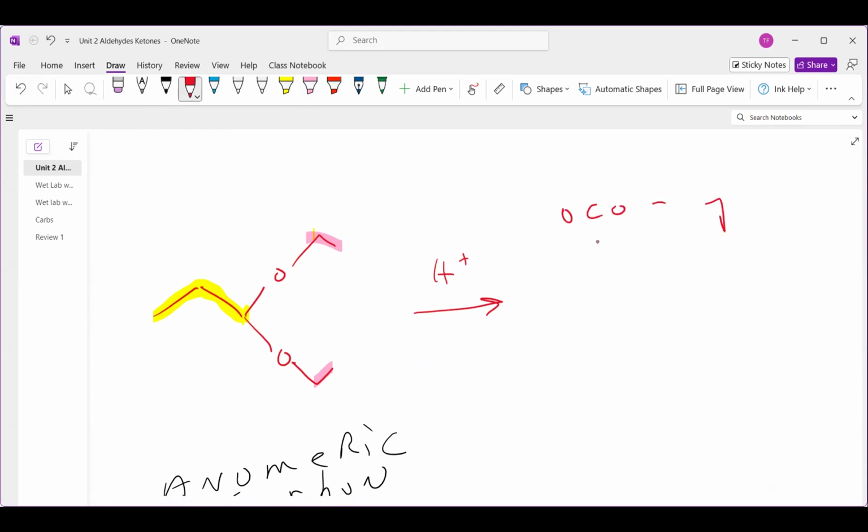Okay, OCO, yes. H present, yes. OH, no. So that means we started with a what? This is the key here, the anomeric carbon. Because there's an H on the anomeric carbon, we started with an aldehyde. So that's a 3-carbon aldehyde.